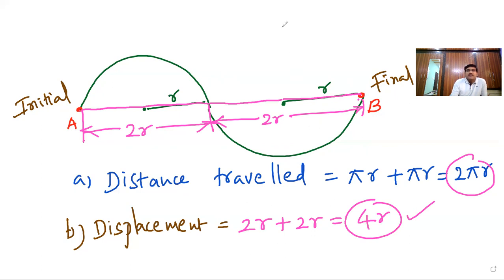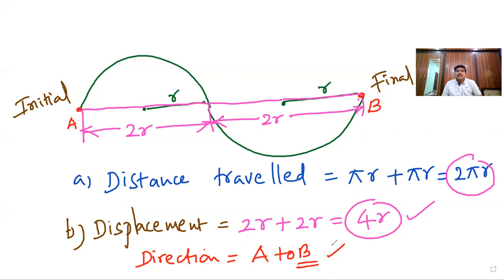This is the magnitude. What is the direction? The direction is from the initial position A to the final position B. Clear? This is the answer for the first one.